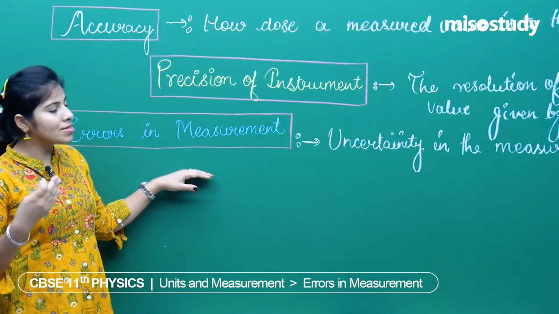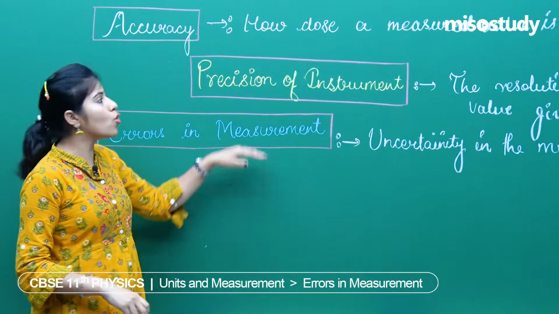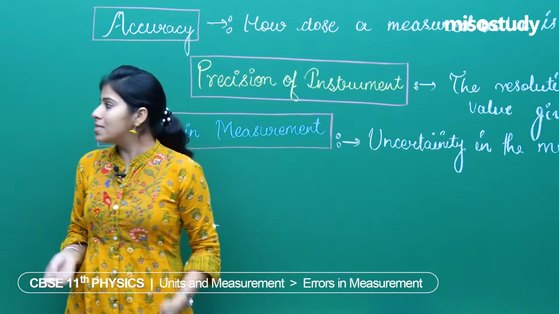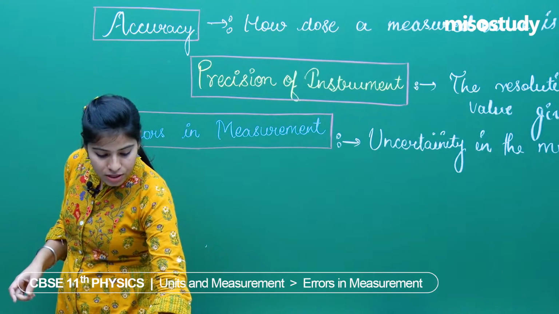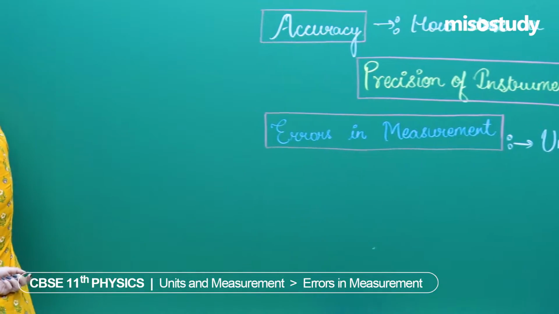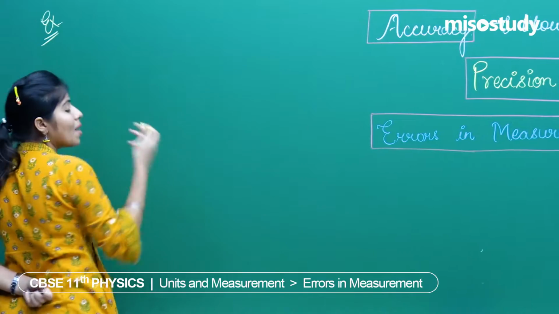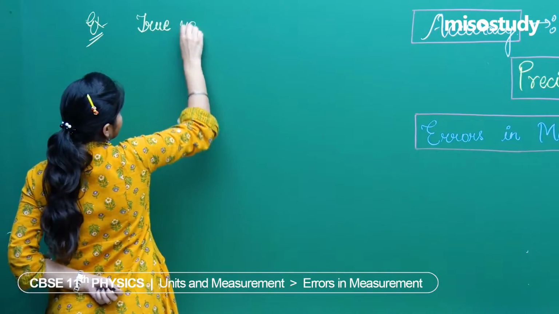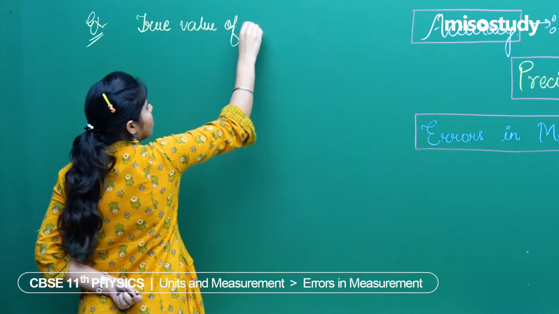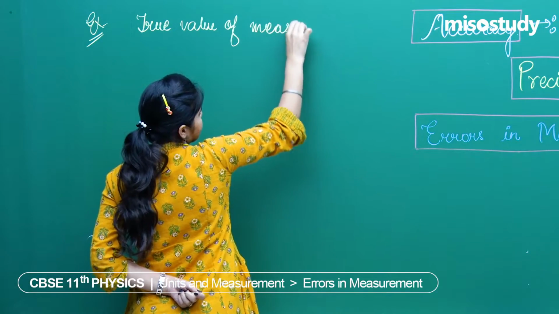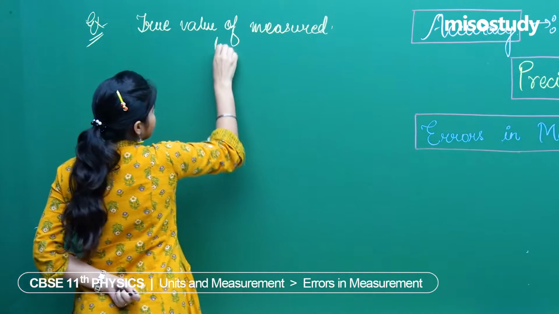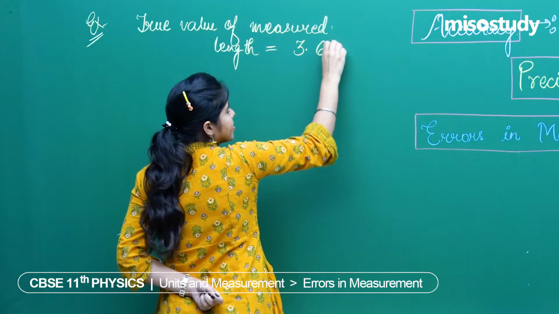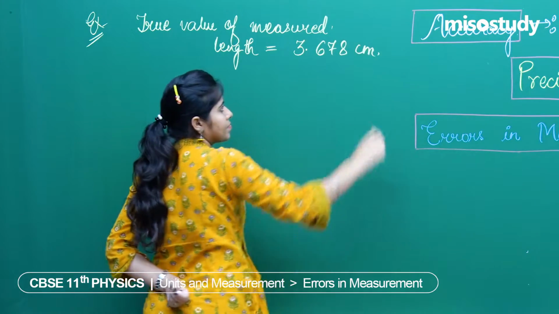Now let me start with an example to give an intro of what accuracy, precision and errors in measurement mean to us. Just come with me this side. For example, I have a true value of a measured length as 3.678 centimeter.